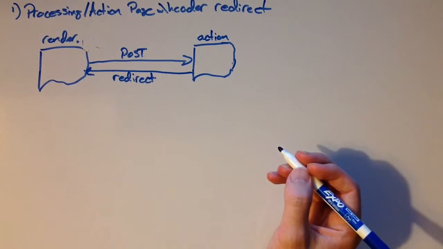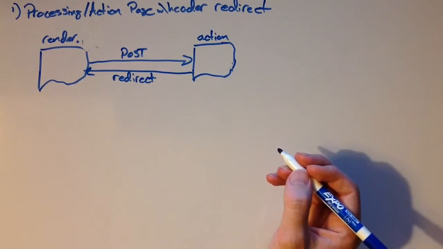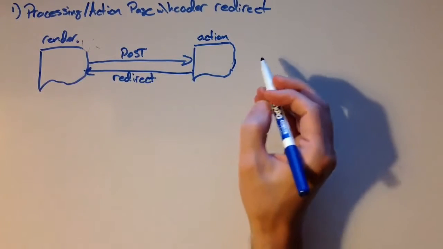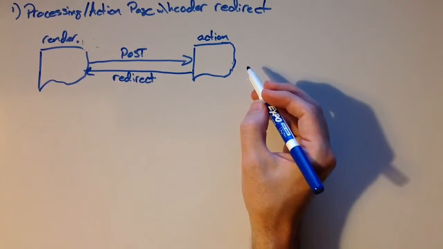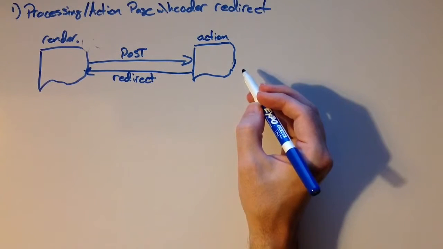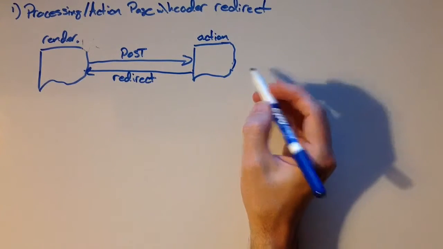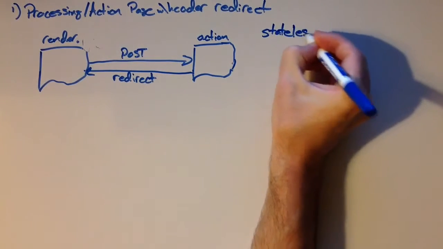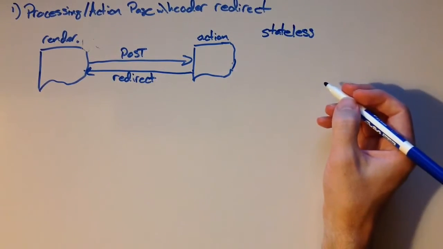Another thing I should mention is that going from one page to another and then back, web pages are referred to as being stateless. By stateless, I mean it does not retain state or memory. It's forgetful.